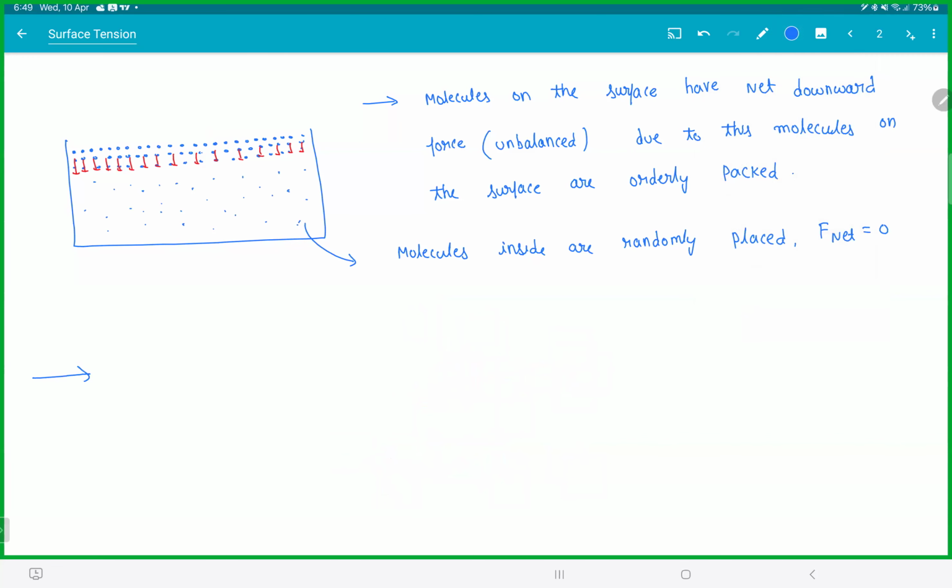It starts acting like a membrane. Now, because of this phenomenon, because of the tightly orderly packing, the surface of the liquid behaves like a stretched membrane.